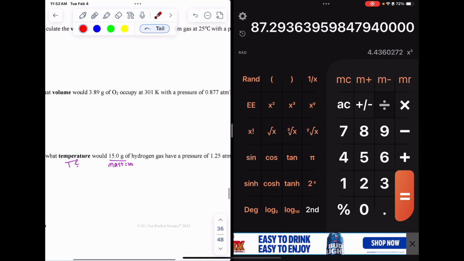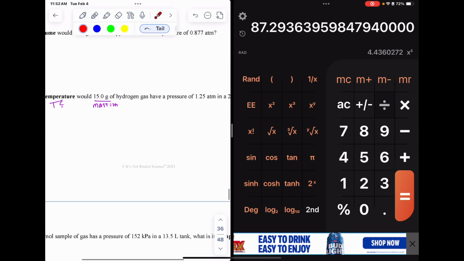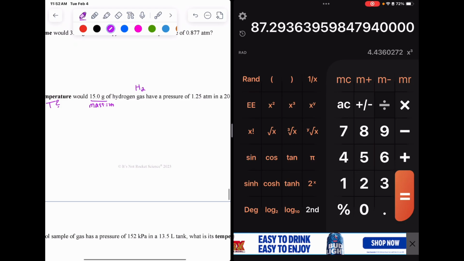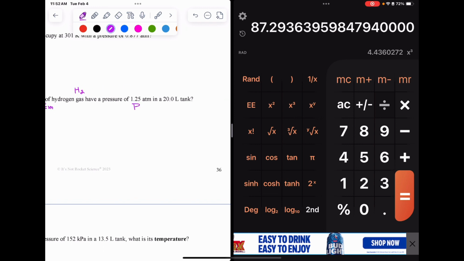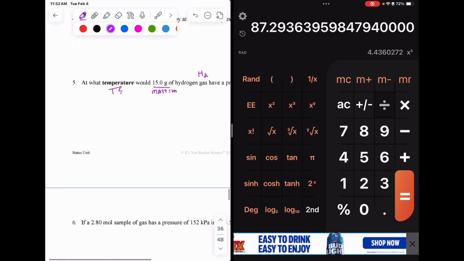So we're going to do something a little bit different in this problem. So they're giving us 15 grams of hydrogen gas. Hydrogen gas is H2. At a pressure of 1.25 atmospheric units in a 20-liter tank. So we do not know what temperature is, but we know that our mass is 15 grams.